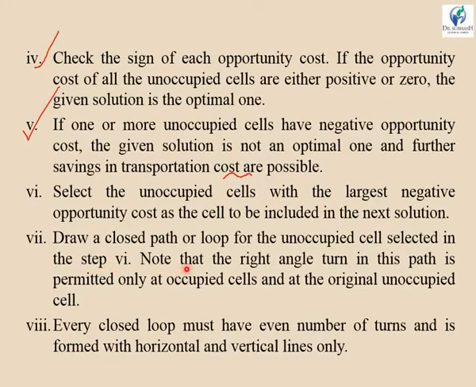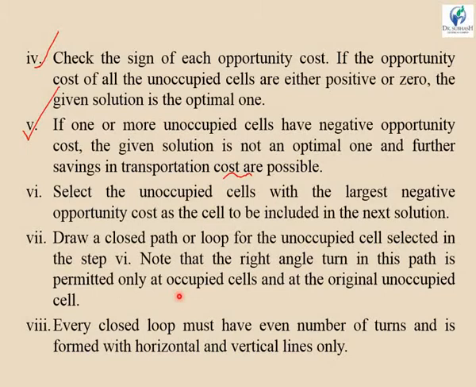Now, the right angle turn in this path is permitted only at occupied cells. So when drawing the loop or closed path, there are certain rules that you will have to follow. The starting point will be the unoccupied cell that has the largest negative opportunity cost. For drawing the loop, there will be horizontal and vertical lines, and a right angle turn is permitted only at the occupied cells.